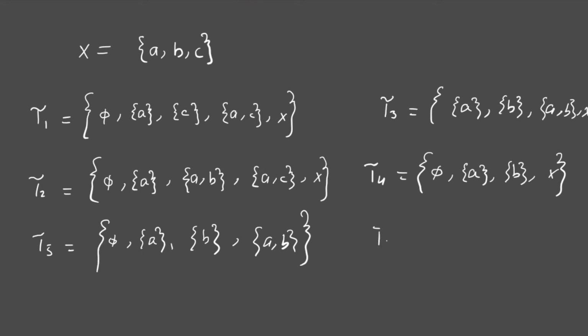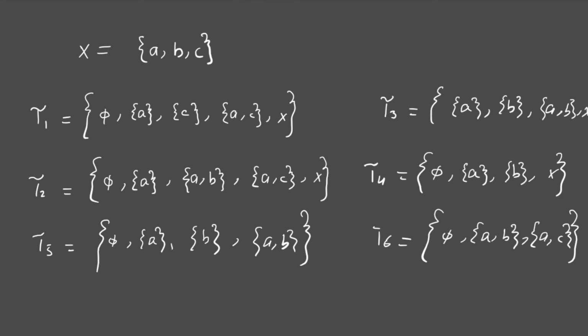And tau 6 is the collection phi, A, B and AC. So these are the different collections. Here we are taking 6 different collections of subsets of X, and we will check which is a topology and which is not.